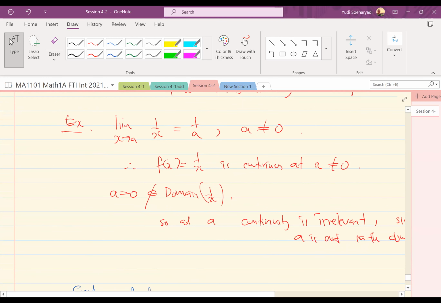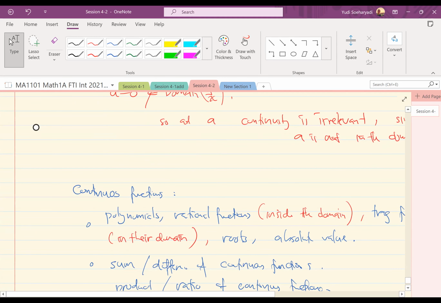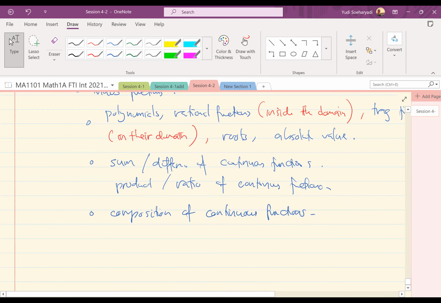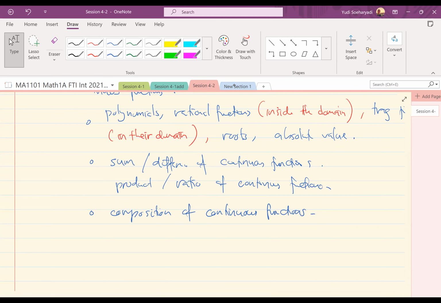The reciprocal is also continuous, except at 0. Okay, so those are continuous. Then composition. All right, so let's continue with more examples.